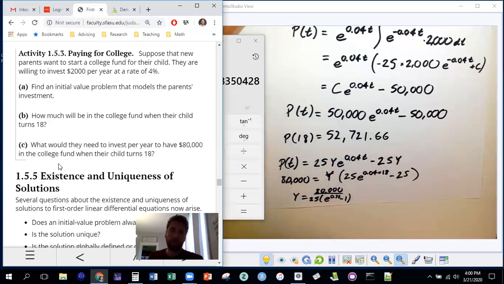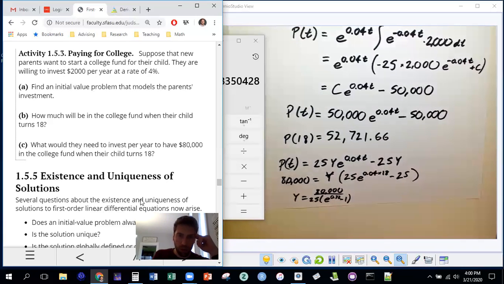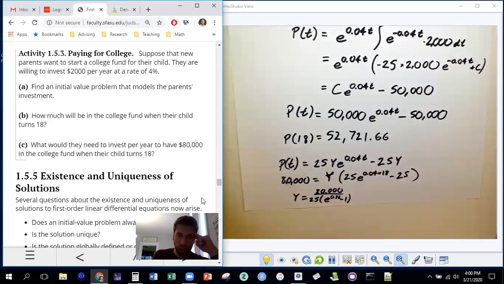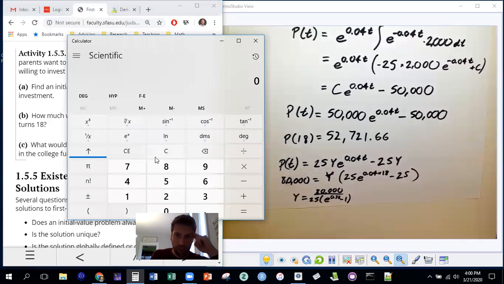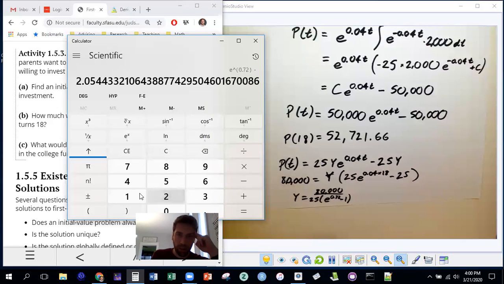Okay, so, handy dandy calculator. Clear. 0.04 times 18 is 0.72, just like we said. E to the power is that, minus 1 is that, times 25 is that.